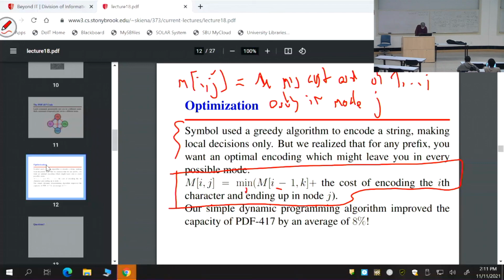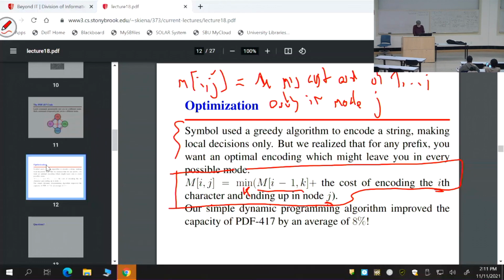So min over j, mode j, of, excuse me, take that back. It's the min over all k of the cost of typing out the first i minus 1 letters ending up in mode k, plus the cost of typing the ith letter and ending in mode j.